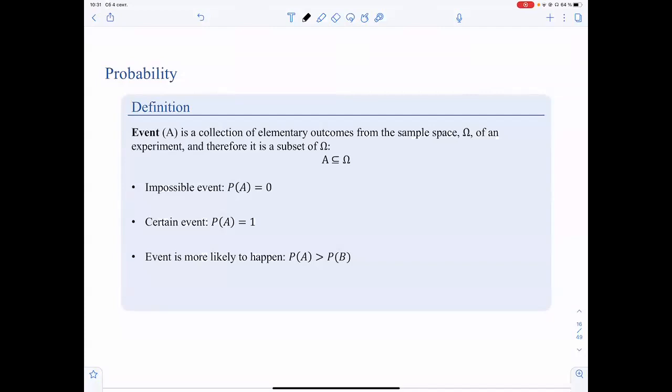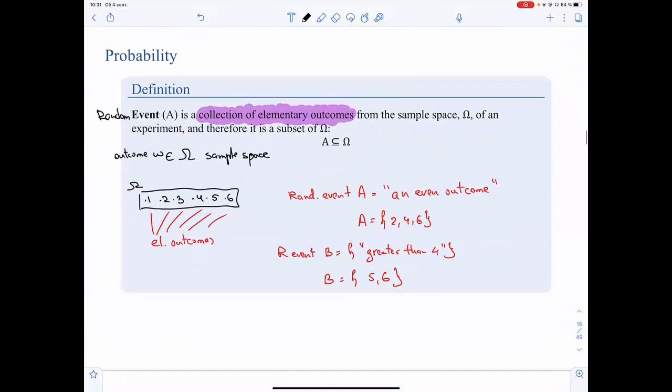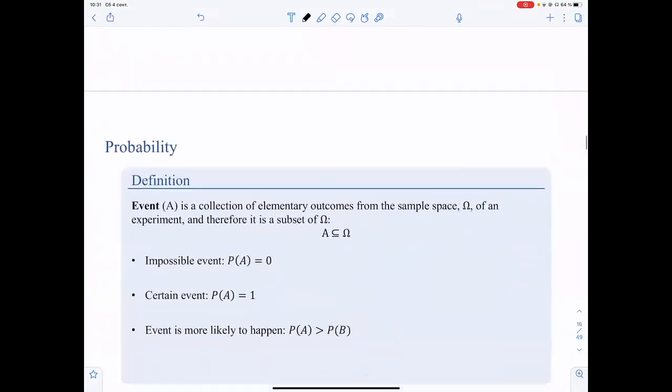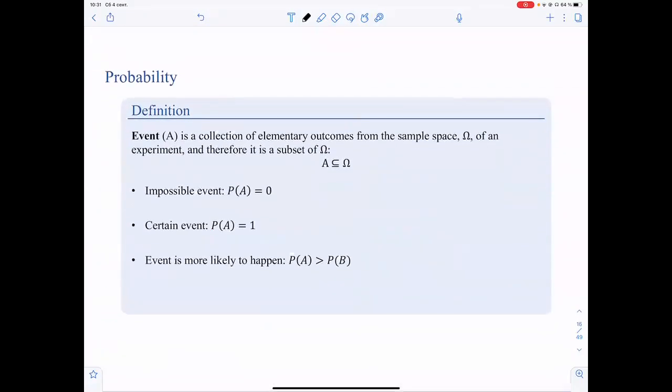For example, if my sample space is a collection of 6 numbers, and I see an event C meaning that I get a negative value, what is the probability of that? The probability of a negative event is 0, because there are no elementary outcomes that might be collected into it. The impossible random event is an empty set, and no elementary outcomes are included in it.